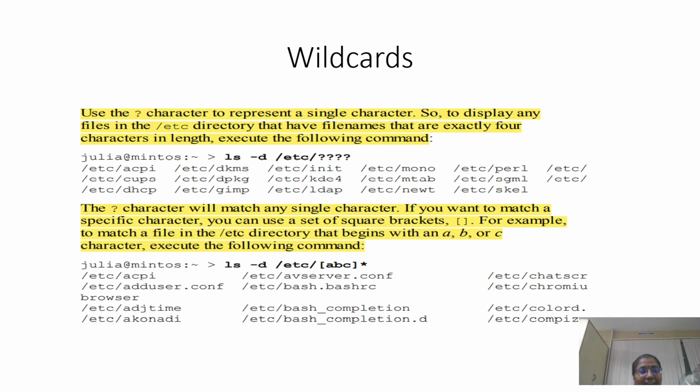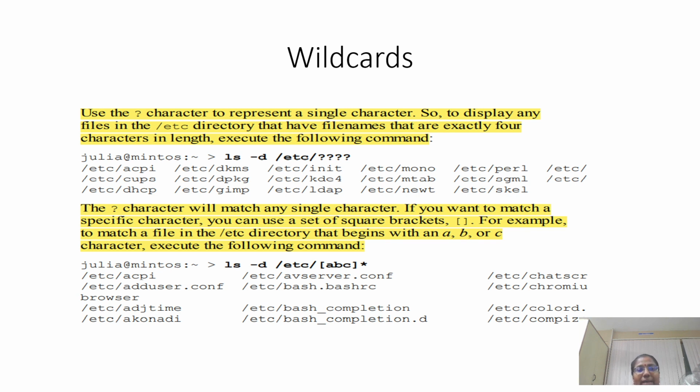So if you want to match a specific character, you can use a set of square brackets, like this. For example, to match a file in the /etc directory that begins with A, B, or C. If you represent that within the square brackets, whatever files start with A or B or C under the etc directory will be displayed.